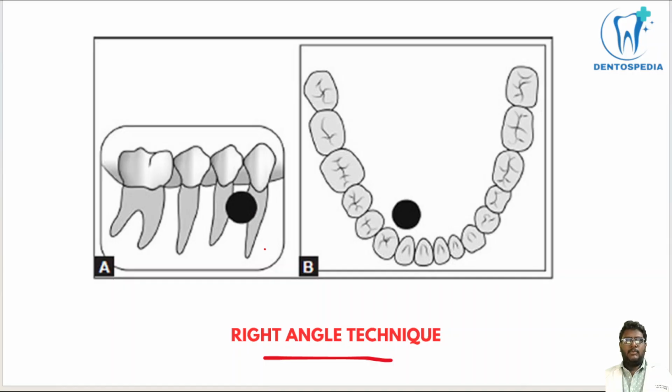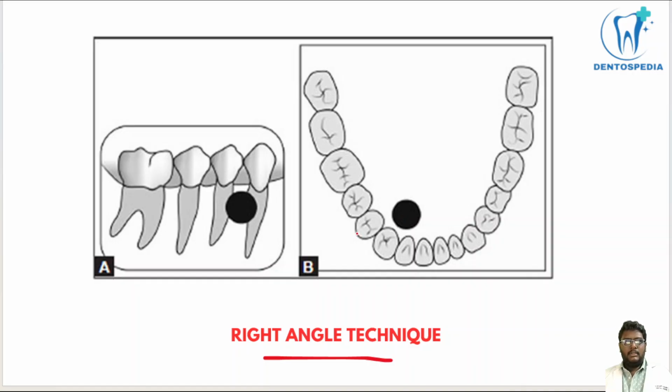That is why we commonly use another radiograph, an occlusal radiograph. When we expose the same area of interest with an occlusal projection, we will get the position of the pathology in the buccolingual direction.